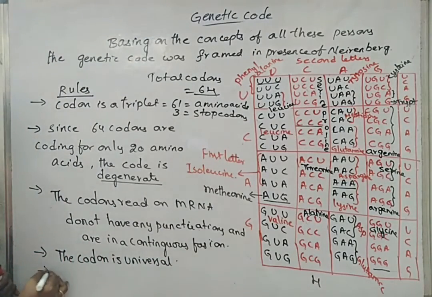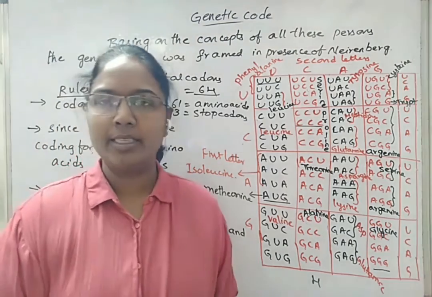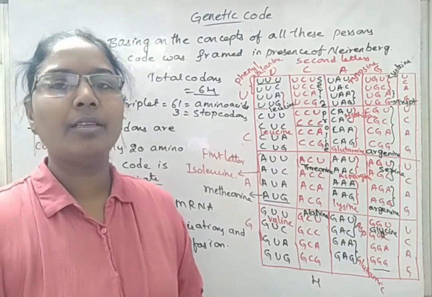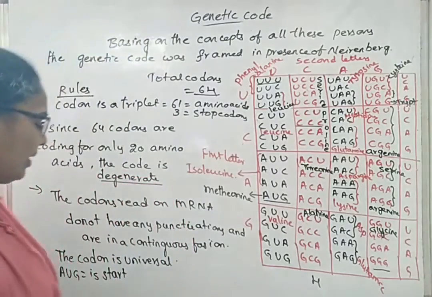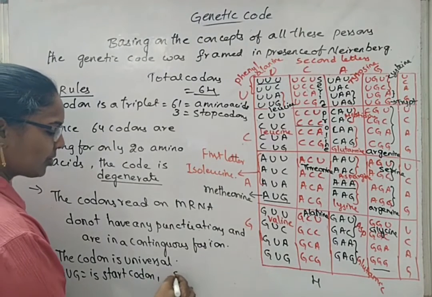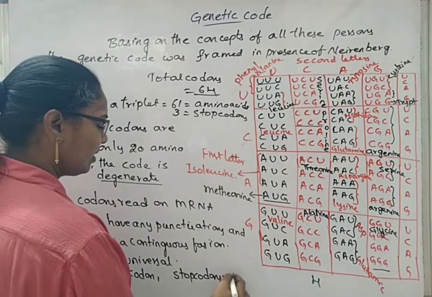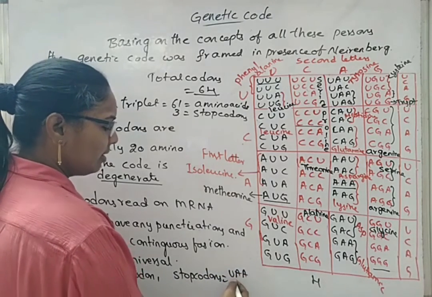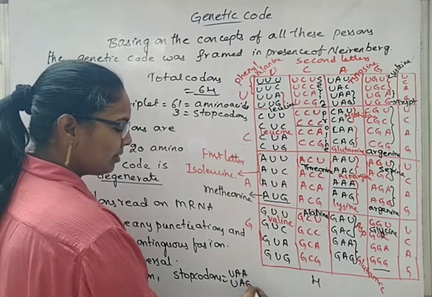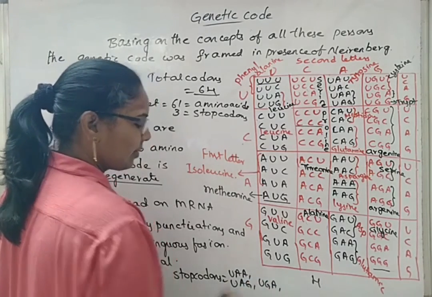Next, the starting codon AUG is the start codon. Anywhere you take, in a prokaryote or eukaryote, AUG codes for methionine. Start codon. Next, stop codons are three in any type of organism: UAA, that is ochre, UAG, amber, and UGA, opal.